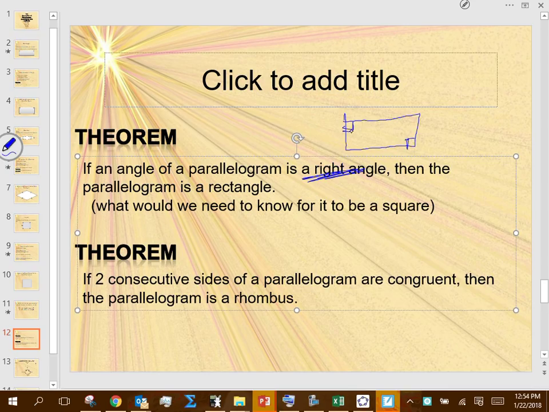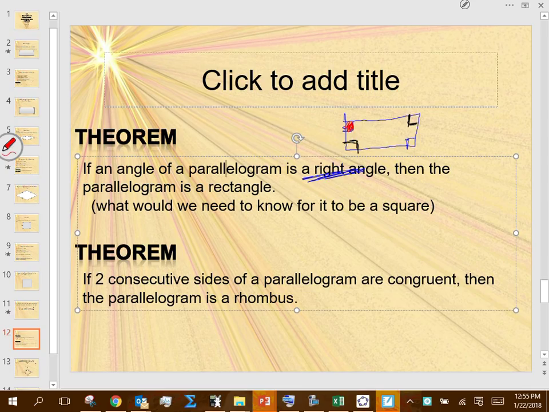If it's a parallelogram, what do you know about adjacent or consecutive angles? They're supplementary. So if that one's 90, what's this one? 90. And for the same reason, doesn't this one here have to be 90? So based on this being a parallelogram and that being a right angle, having one right angle ultimately proves I have four right angles, and that makes it a rectangle.